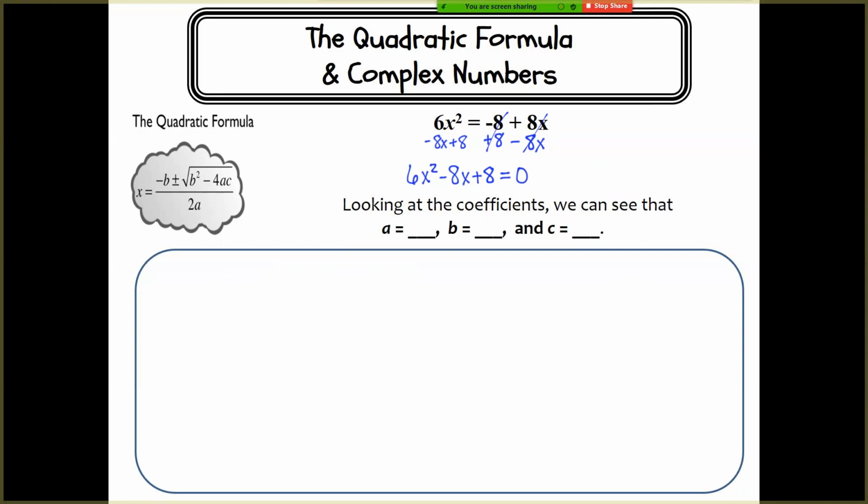So for this one, we're going to use an a value of 6, a b value of -8, and a c value of +8. So take a moment and see if you can fill out the quadratic formula using those 3 numbers.